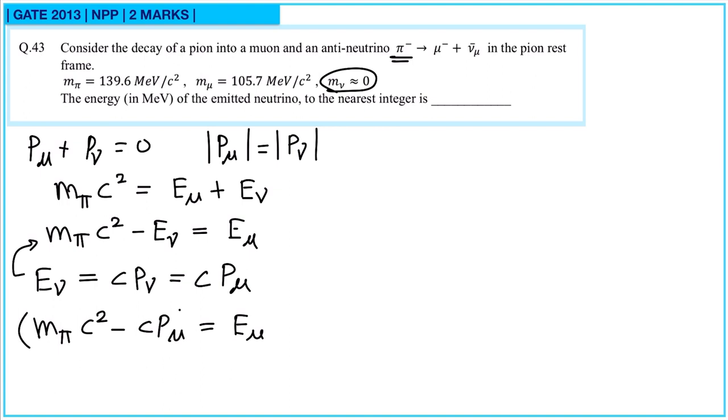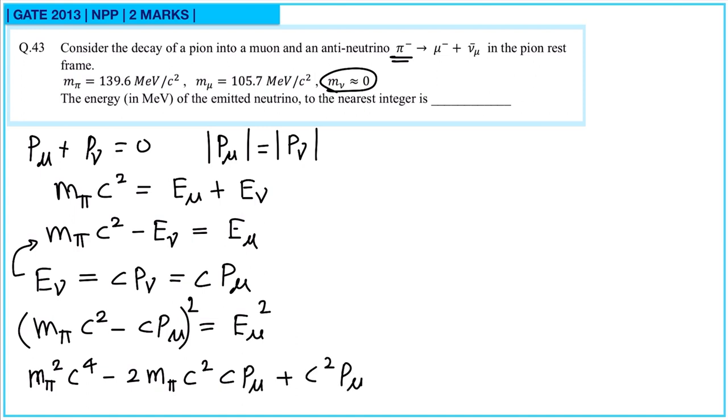Now we can take the square on both sides, and let us expand this. So the first term will be m pi square c raised to 4 minus 2 m pi c square into c p mu plus c square p mu square, equal to, on the right hand side, the energy of muon. Now the energy of muon will have two terms, kinetic energy plus mass energy.